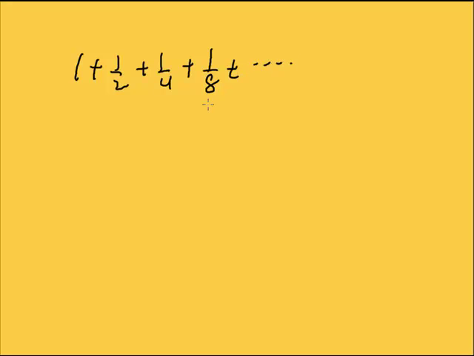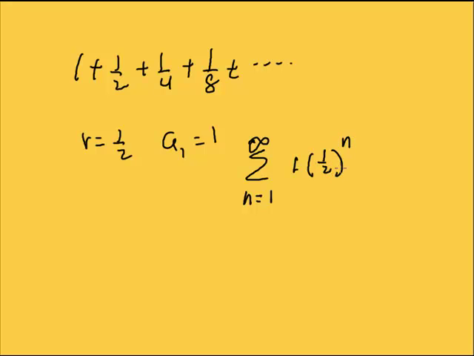My ratio is equal to 1 half, and my a sub 1 is equal to 1. So I can write this as the sum, n going from 1 to infinity, of my first term 1 times the ratio, 1 over 2, to the nth power.